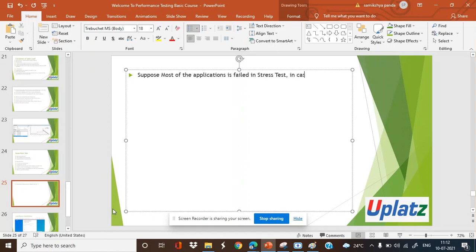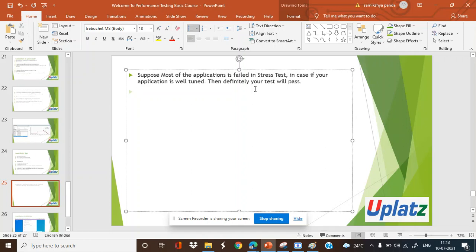In case your application is well tuned, then definitely your test will pass. So suppose most of the applications failed in the stress test, and in case your application is well tuned, then definitely your test will pass.